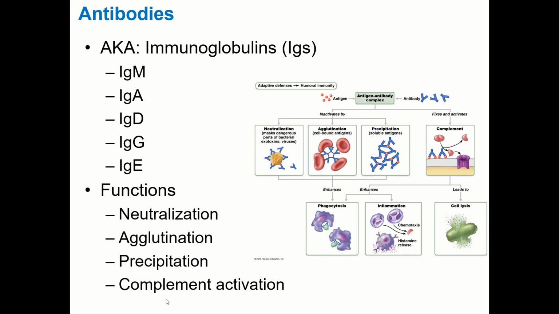Again, complement are plasma proteins that complement the adaptive immune response. One of the ways those complement proteins kill cells is they embed in the membranes and create a hole. So they can activate complement as well. And complement can also serve in its own right as a sort of handle or a binding site for the macrophages.